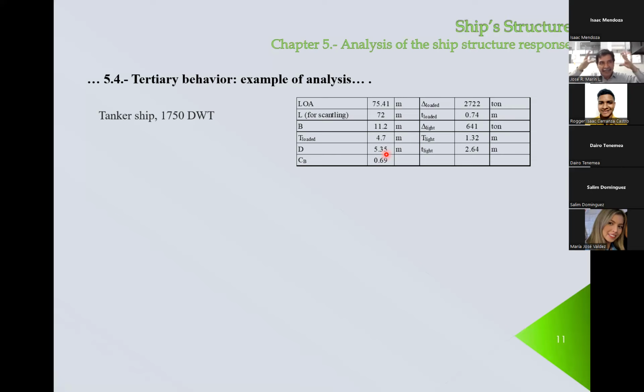So what I'm trying to tell you is pay attention to these things. If you go and try to analyze, so it's 75. You see that length over beam, L over B, is about 6 times, right? So these numbers have to make some sense to you, okay? It's probably about 6.5. Now B over D is about 2 to 1.